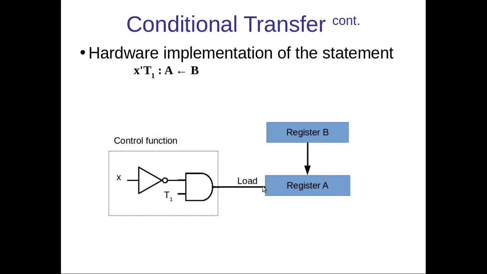Whenever this value is 1, the content on this bus will be captured into register A. If the value is equal to 0, the value will not be captured into register A. So this load is controlled by our control function.